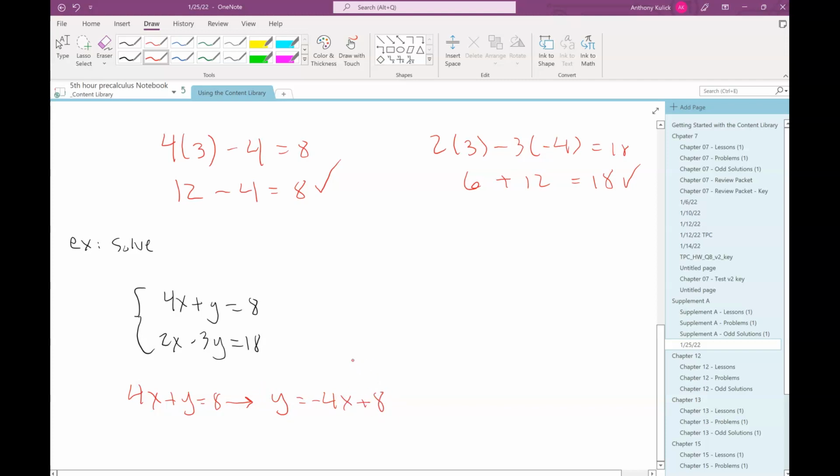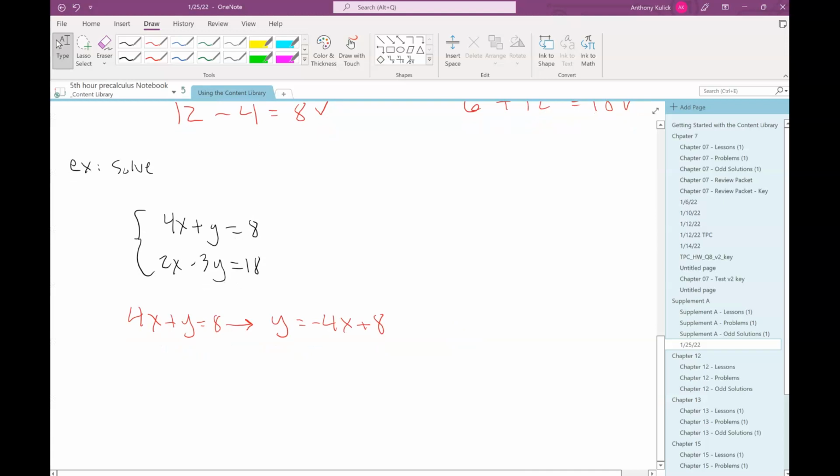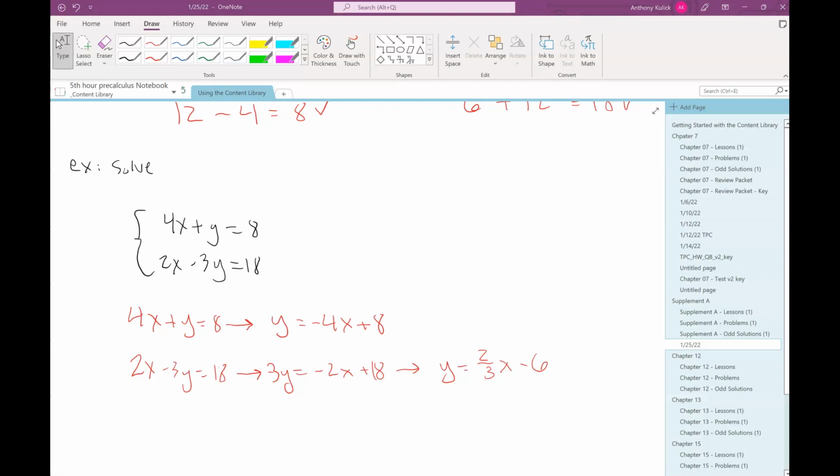The first equation, I'm going to subtract 4x from both sides to get the y by itself. And in the second equation, we would subtract 2x from both sides and then divide by -3. And that would be my second equation.